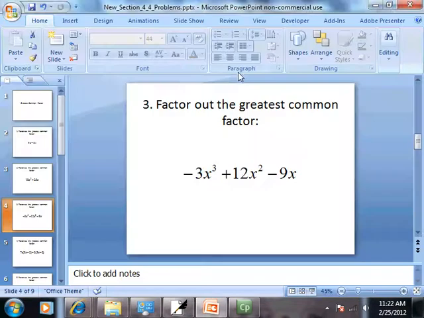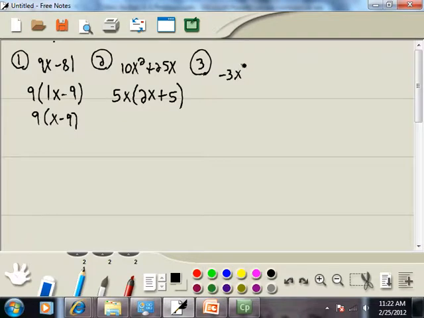This one we got negative 3x to the third plus 12x squared minus 9x. And we're going to have a note, and this note applies on the GCF.